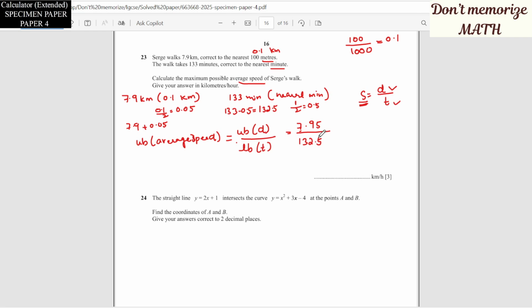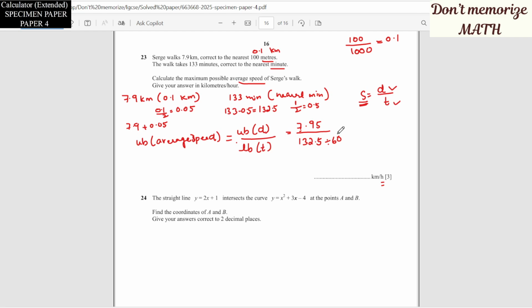Here it is in minutes, but we need the answer in hours. So here itself you can divide by 60. Minutes you can change to hours by dividing by 60. In the calculator, take the fraction button, then the numerator is 7.95, and the denominator is 132.5 divided by 60, and you will get 18 over 5. 18 over 5 is an improper fraction.